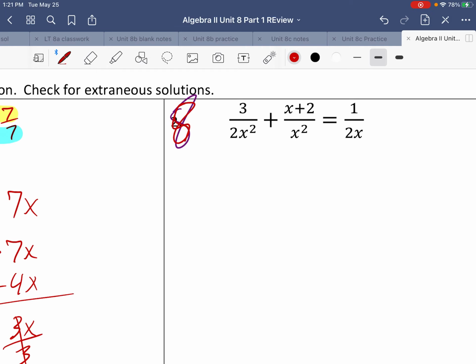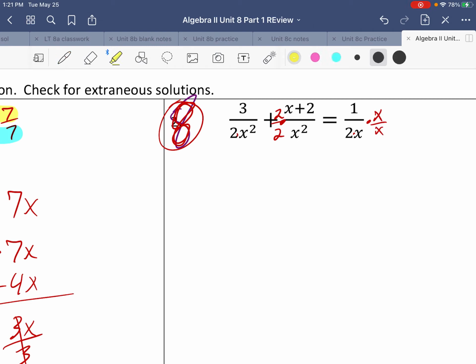Next, number 8. What I'm going to count as number 8. Looking at our denominators, we have 2x squared and 2x. Your common denominator should be 2x squared. We can multiply this middle term by 2x, the last term by x over x.